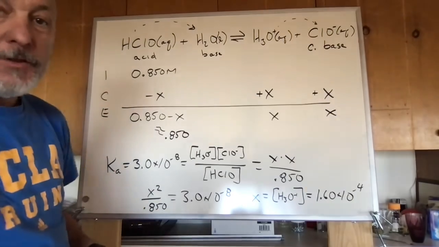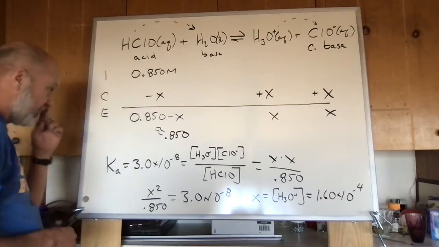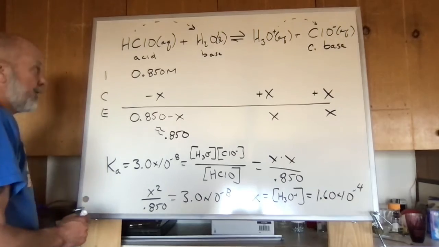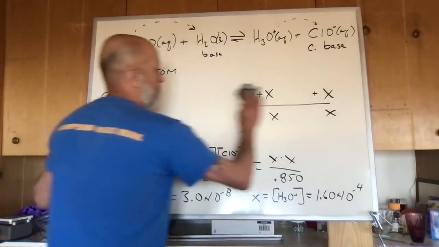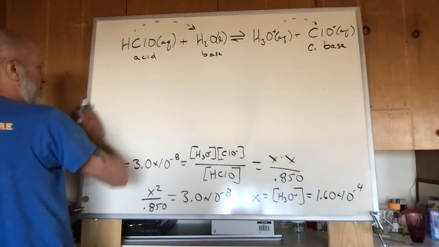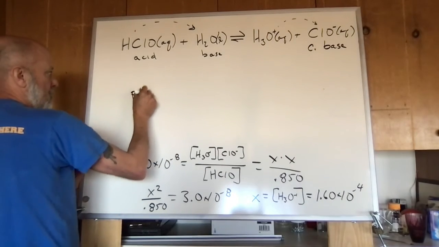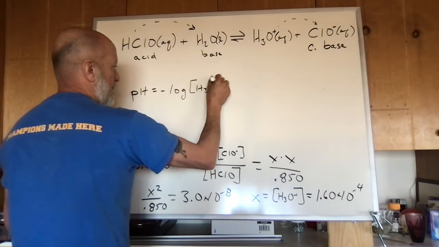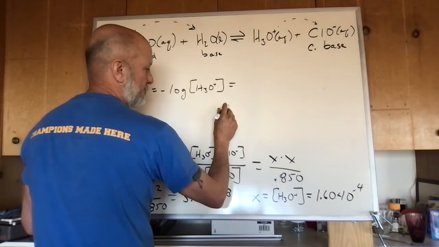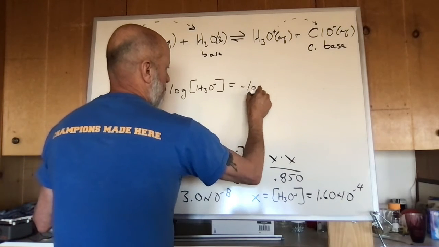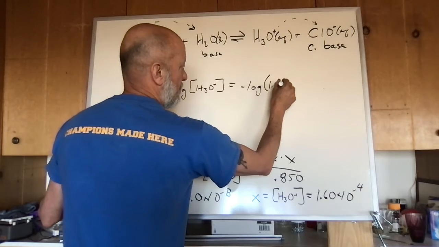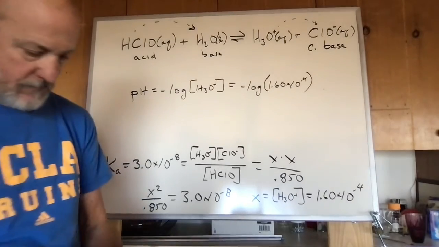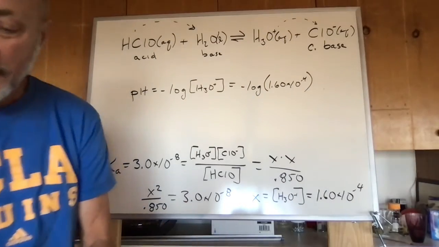What's our last step? We want the pH. So our last step is take the negative log, and let's write it up here. We don't need our ice table anymore. Punch the log button and change the sign.